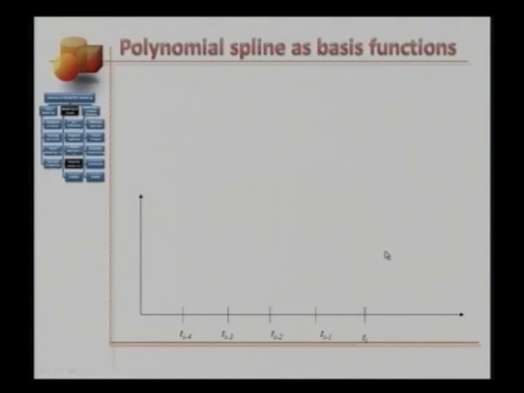I'm comfortable with going from right to left. Anyhow, coming back to our discussion, we have introduced another knot and therefore another knot span. So now we have 4 knot spans. Ti minus 4 to Ti minus 3 is the first, Ti minus 3 to Ti minus 2 is the second, Ti minus 2 to Ti minus 1 the third, and Ti minus 1 to Ti the fourth.